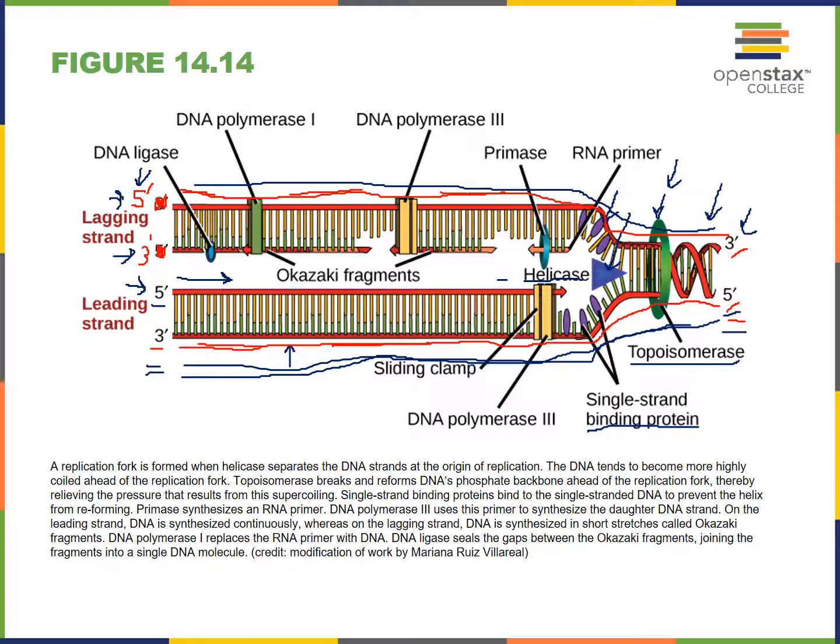The strand that is produced towards the fork, towards where helicase is, that strand is called the leading strand. It's the leading strand because it only needs one primer to begin, and it's made continuously. So even though they don't show it, on this cartoon they show primers with an orange little arrow.